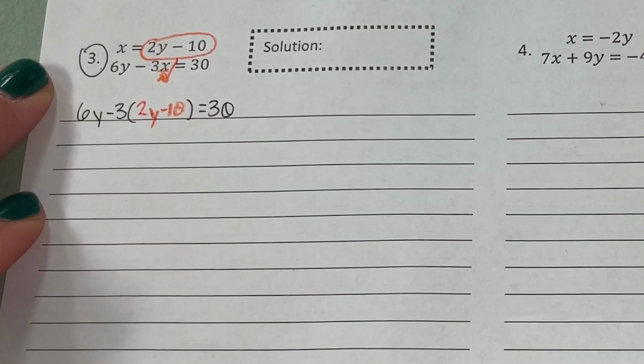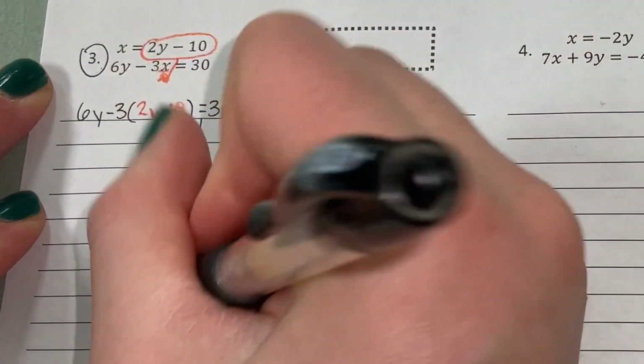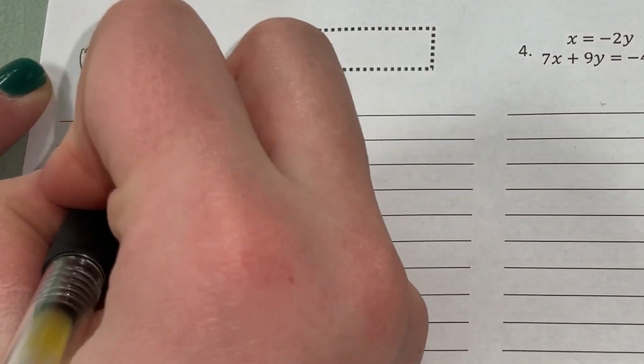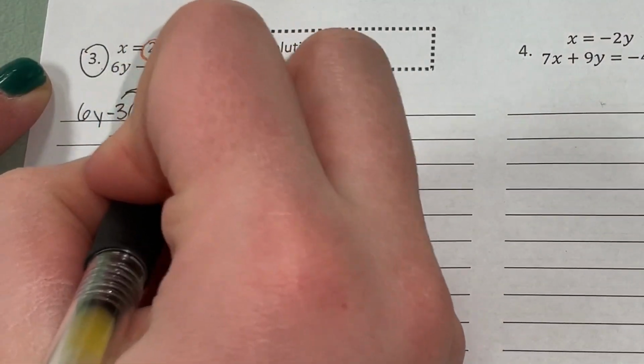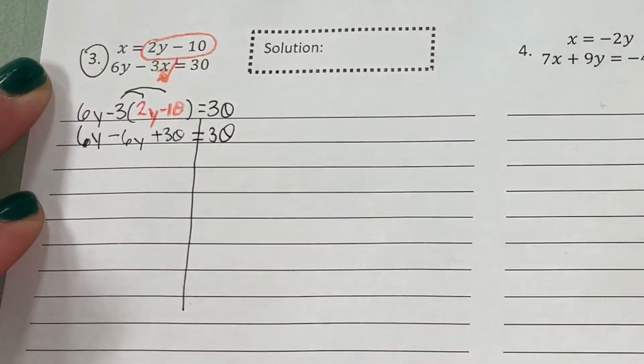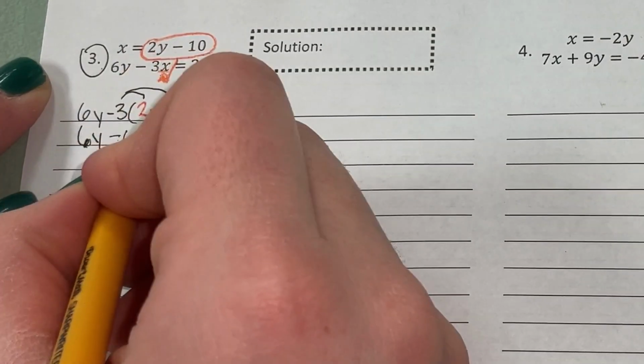All right, so now that I have replaced that, I can do some solving. So distribute, this gives me negative 6y plus 30, minus 6y in front here drops down, and the equals 30 also drops down. I have like terms, 6y minus 6y.